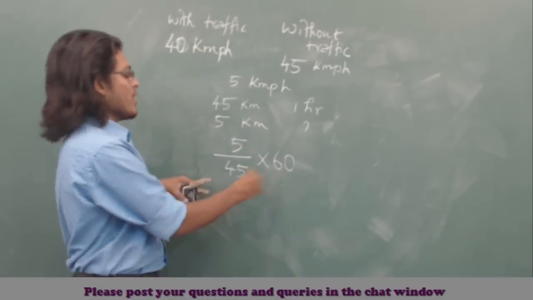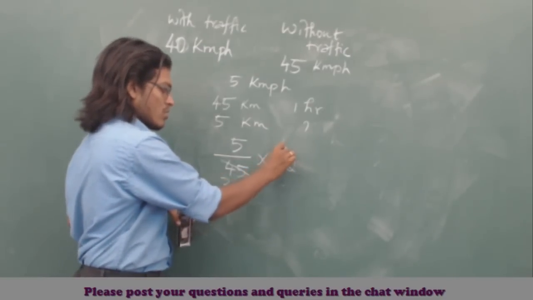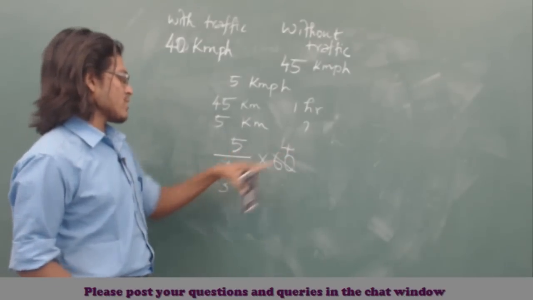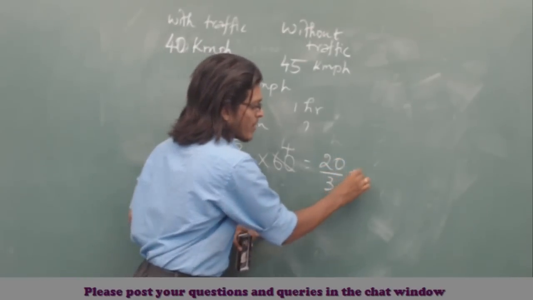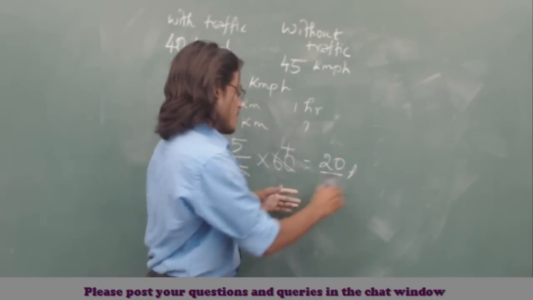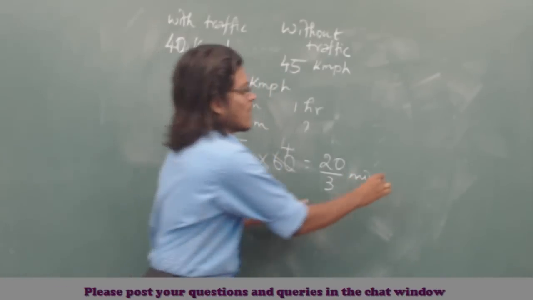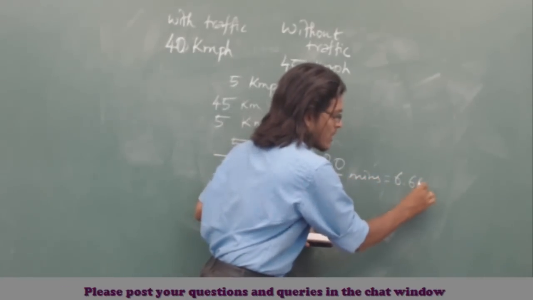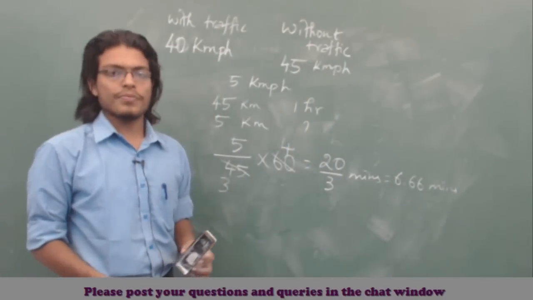So 5 into 60, this is 3 times, this is 4 times. If you cancel it, then it is 20 divided by 3 minutes, or it is 6.66 minutes.